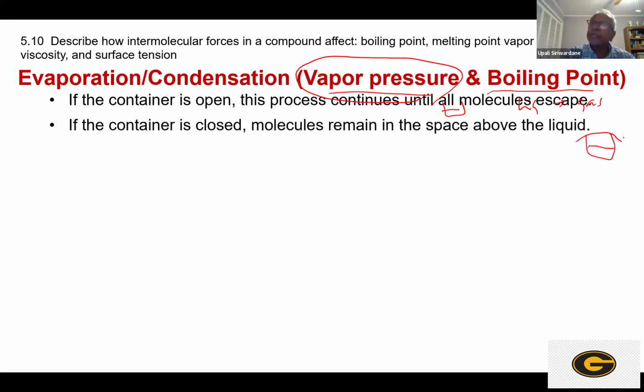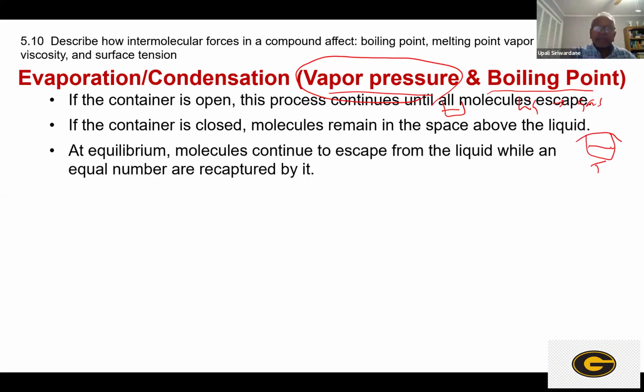This one is closed. Equilibrium vapor pressure, depending on the temperature, is established. The higher the temperature, the higher the vapor pressure on top of the solution. This equilibrium is in a closed system. In an open system it is one way: all the liquid is converted to gas. So there's an equilibrium here in a closed system.